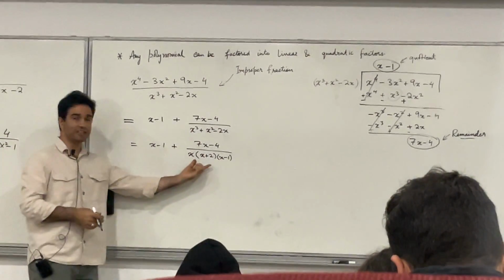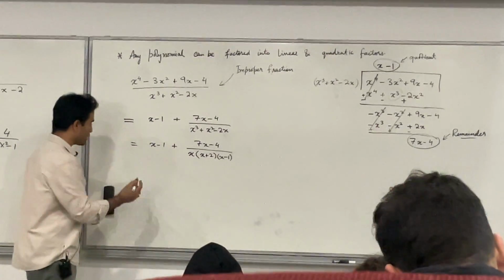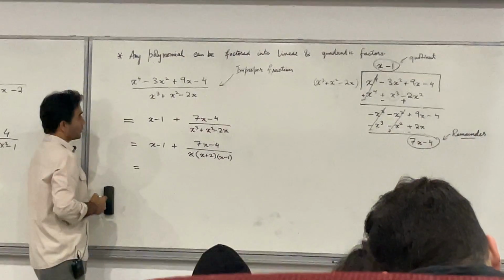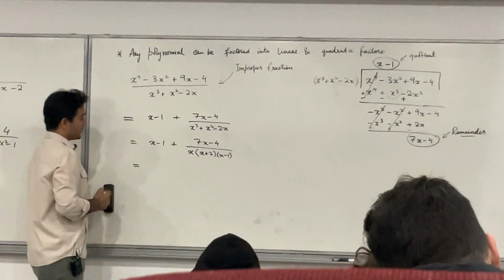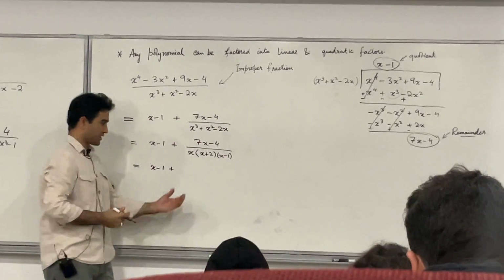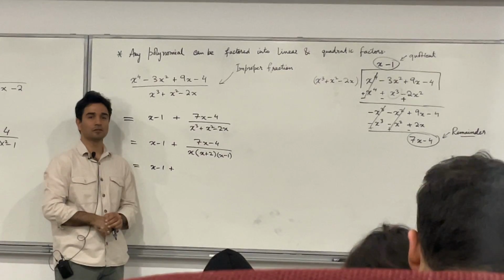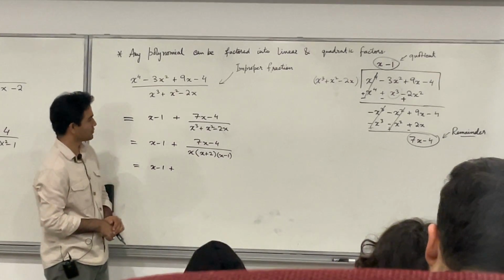Okay, so we got these linear factors, right? Yes? With me? Okay, so let's see. So we have x minus 1 over here, and this guy, what does partial fractions say about it? I don't think that's correct. Oh, really?